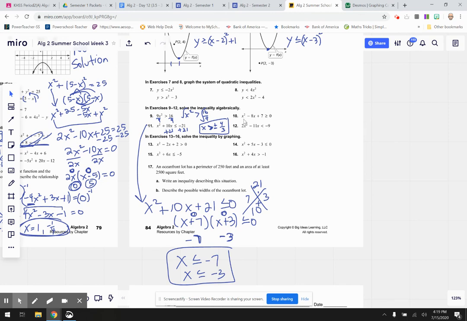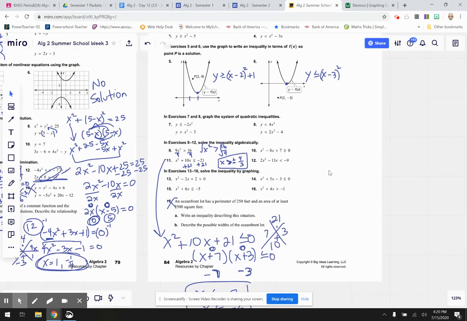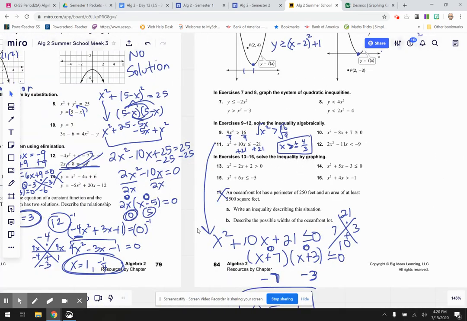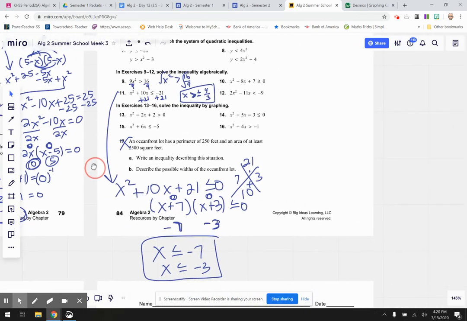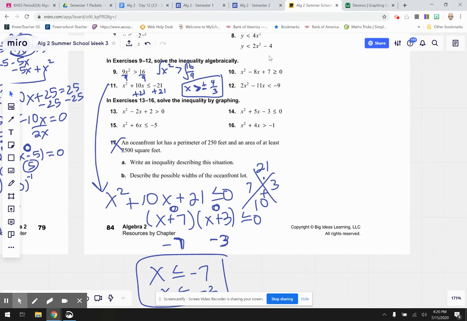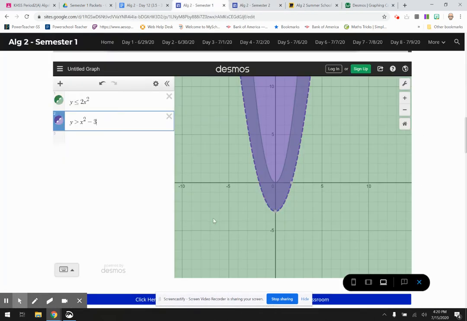So the way I did 11, you're going to do the same thing for 10 and 12. And then 13 through 16, we're not going to do 17. So 13 through 16, we're just going to graph and then put the screenshots. So I'll just do the first one for you because it's just simply a graph. So for 13, let's go back to my website. We want x squared minus 2x plus 2. That was the wrong one right here.